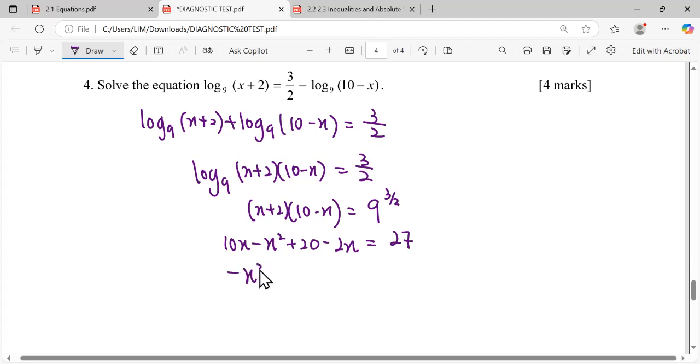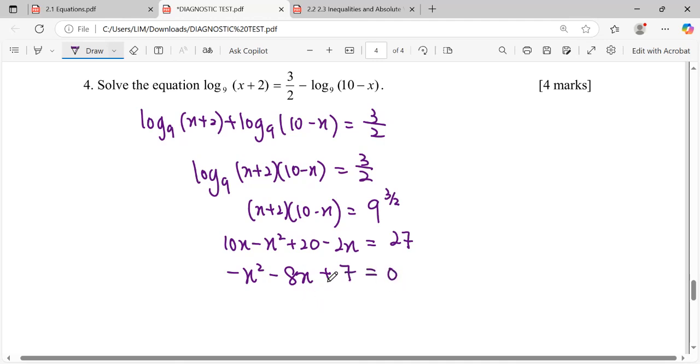Simplify, negative x squared, negative 2, negative 8x and then plus 7.